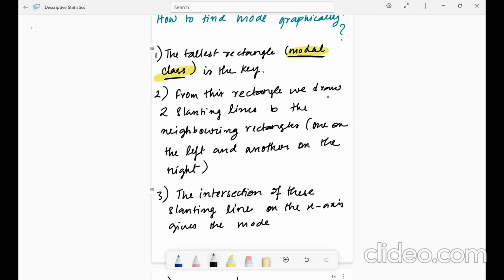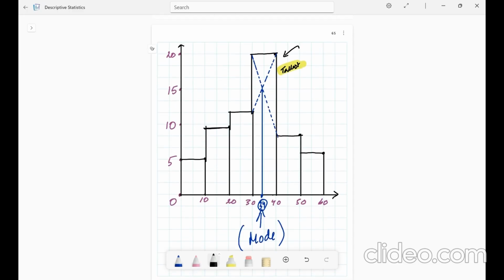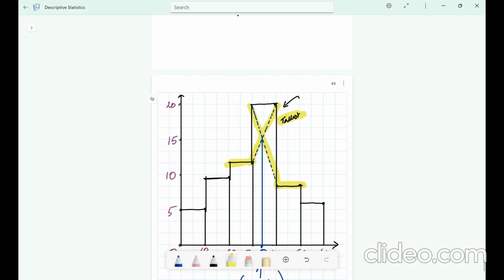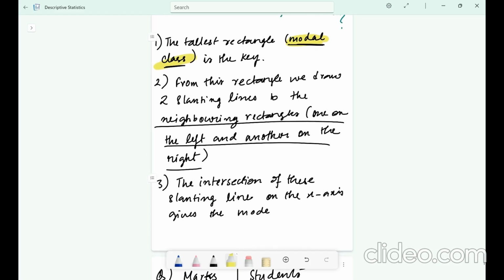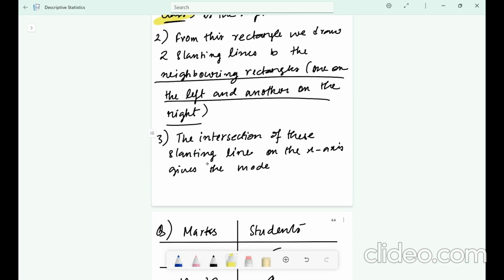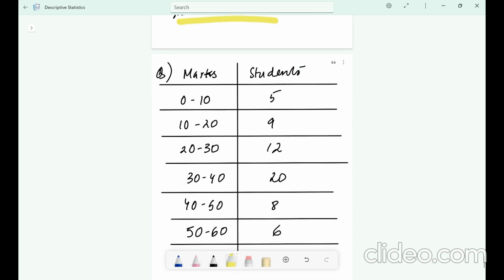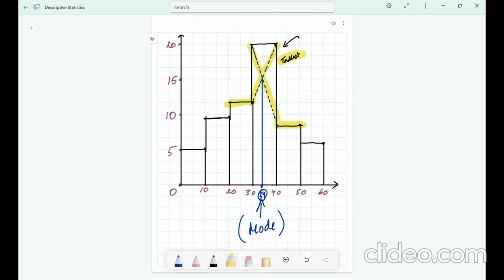From that rectangle, we draw two slanting lines to the neighboring rectangles, one on the left and another on the right, joining the neighboring topmost lines. What is the next thing? The intersection of these slanting lines on the x-axis gives the mode. So here, this is the intersection, and if we join it vertically, we get the mode.